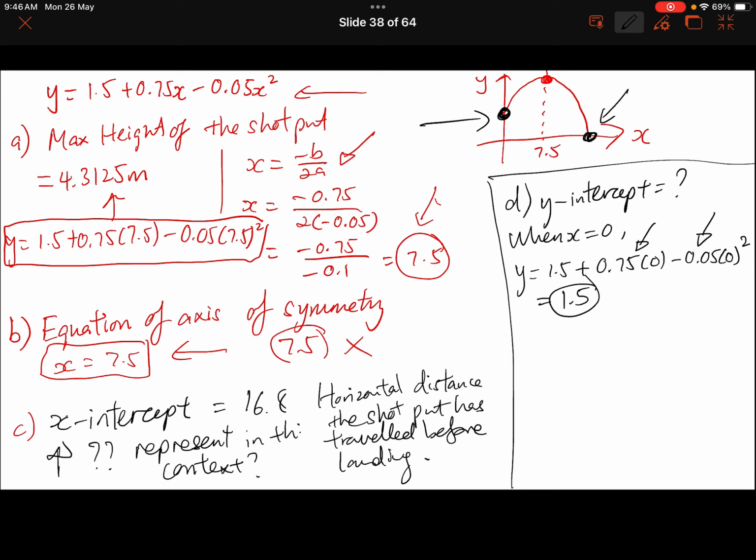So this kind of makes sense, because it means that the shot put was initially thrown at a height of 1.5 meters. So this 1.5 basically means the height at which the shot put was thrown initially.